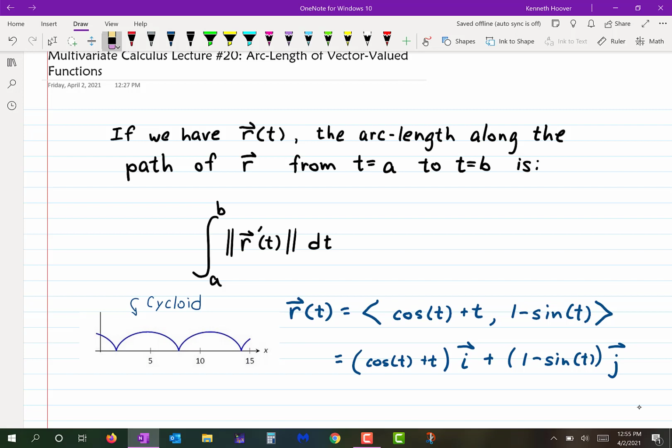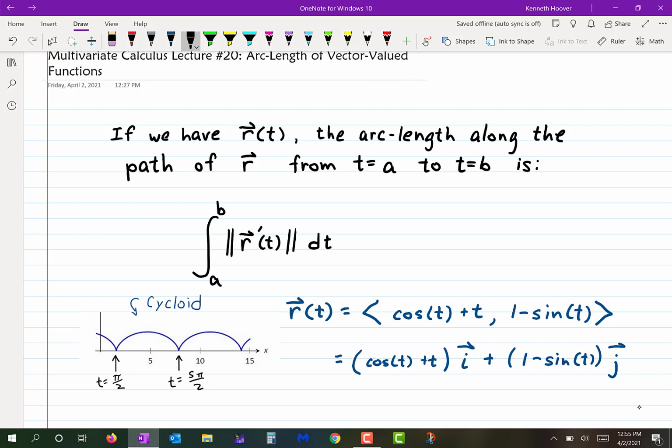Let's just look at one hump of the cycloid, this first full hump from there to there. That hump starts when t is pi over 2, and it ends when t is 5 pi over 2.